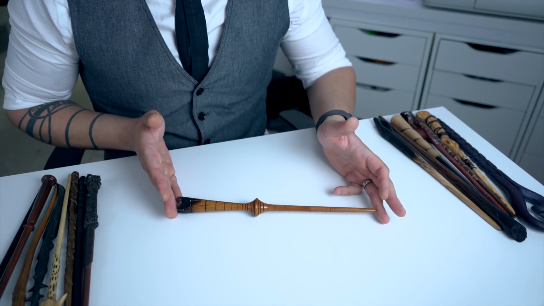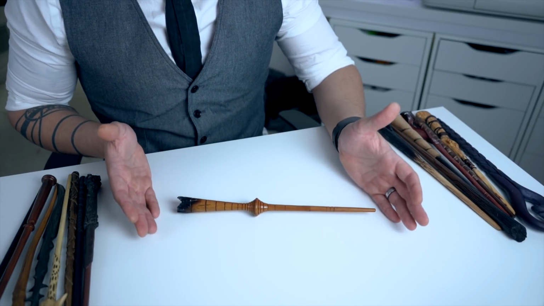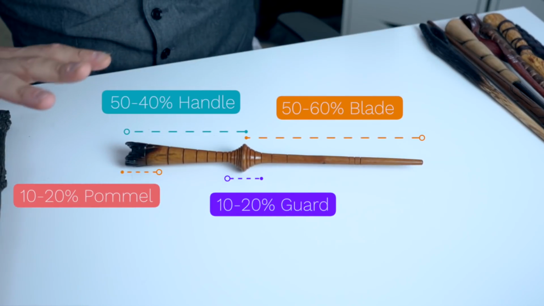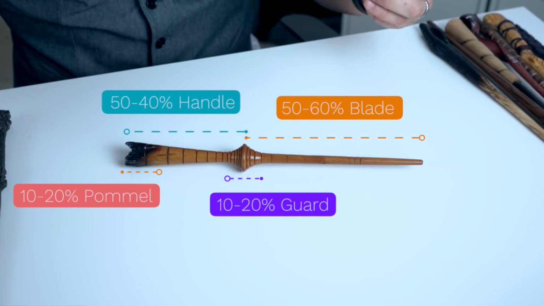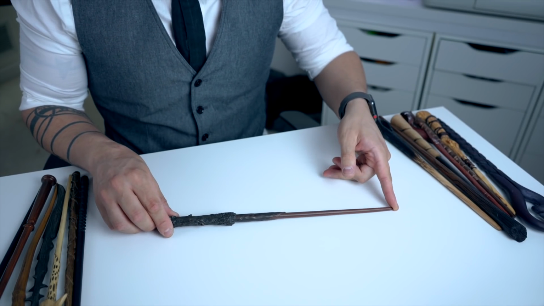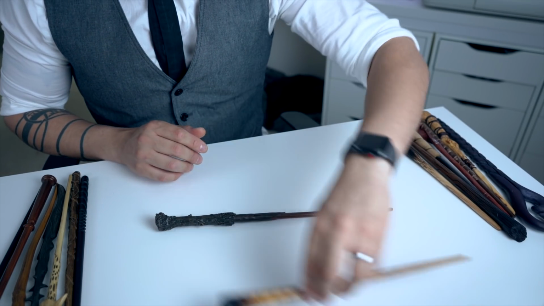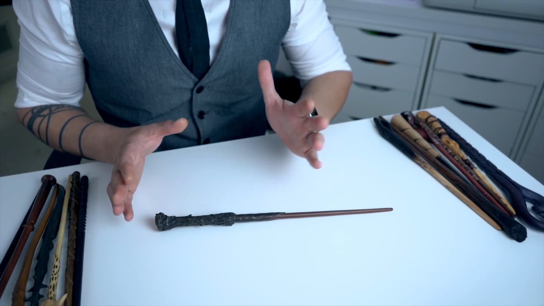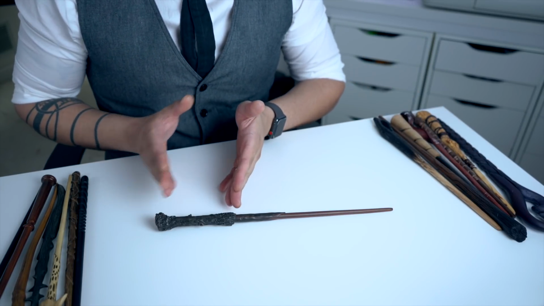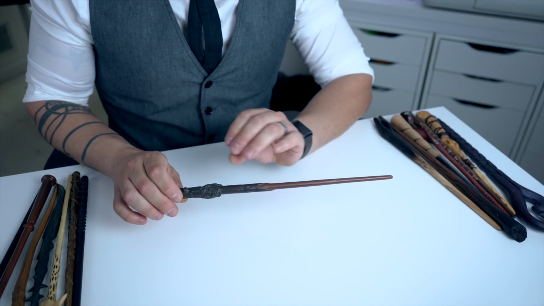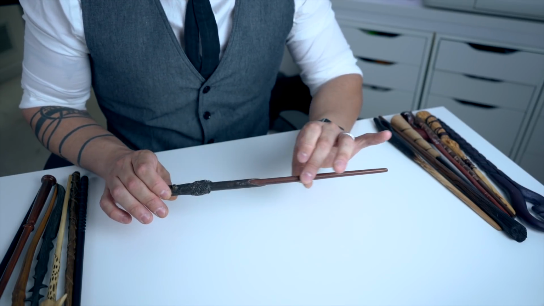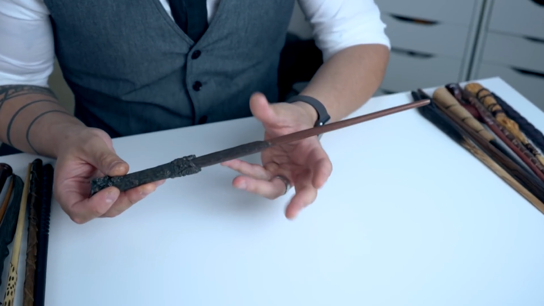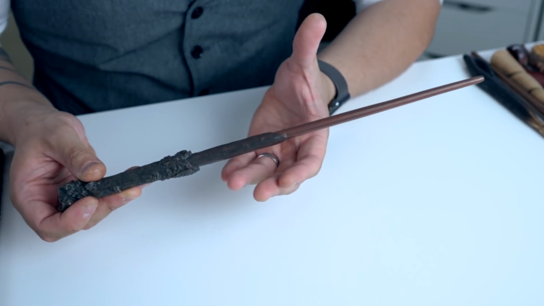Here we have, like I said, the conventional style wand with all the different parts in a nice, even ratio. Harry's wand is that same style. It's a little bit longer than my wand, but the ratios are pretty similar. You can see here we have the handle, the pommel, the guard. This one has something a little different on the blade itself, where we have the different layers of the bark.